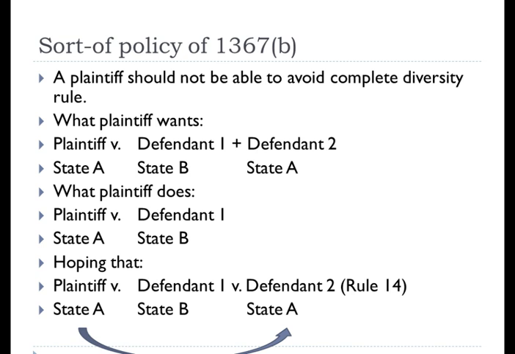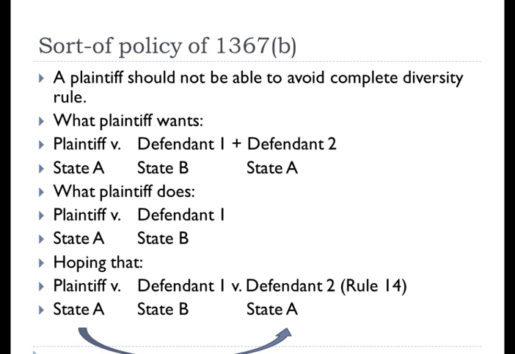So what she does instead is she sues the one defendant who is diverse, namely defendant 1, hoping that because, say, these are joint tortfeasors, defendant 1 is going to file a third-party claim against defendant 2 for contribution. The plaintiff is hoping that defendant 1 will in fact bring defendant 2 into the lawsuit via Rule 14 and via a third-party claim for contribution.